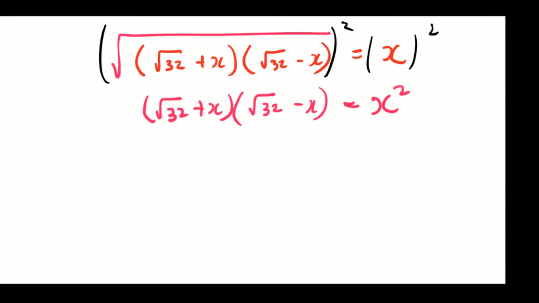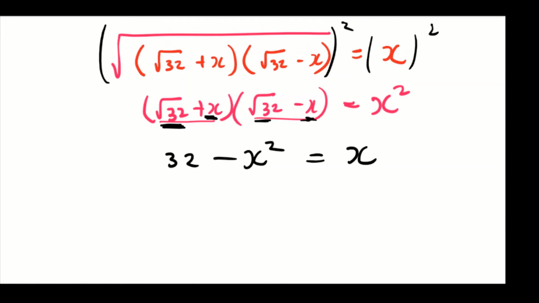Since this is the difference of two squares, we can simply multiply this square root and this square root here. You're going to have 32, and then minus, we don't have to multiply the root of 32 and this minus x, because with the difference of two squares you can simply multiply this x and this x. We'll have minus x squared like this, right?